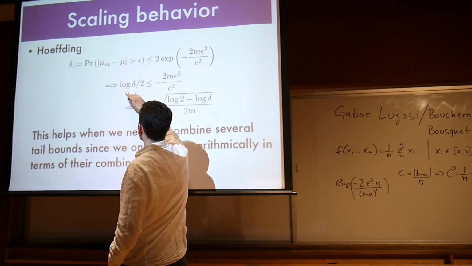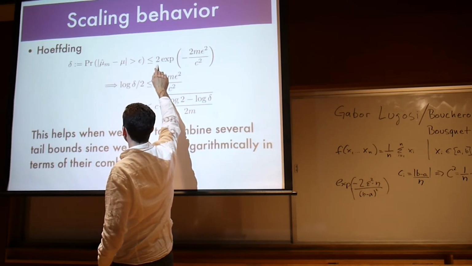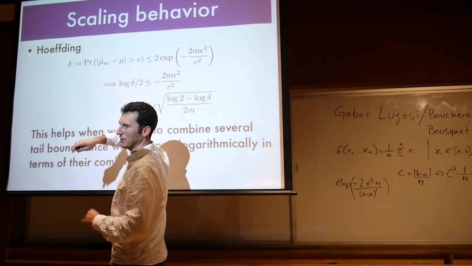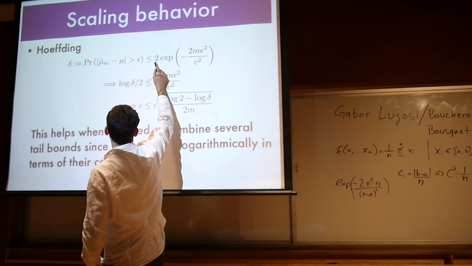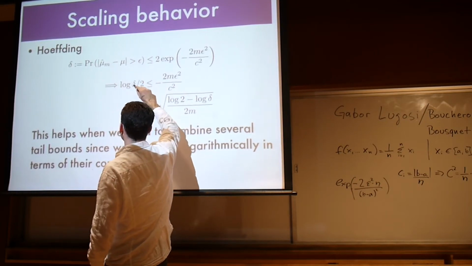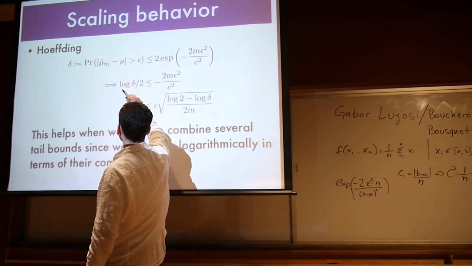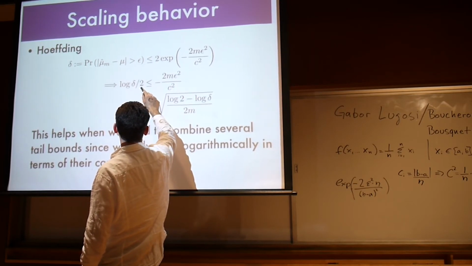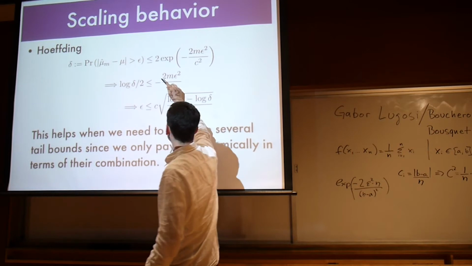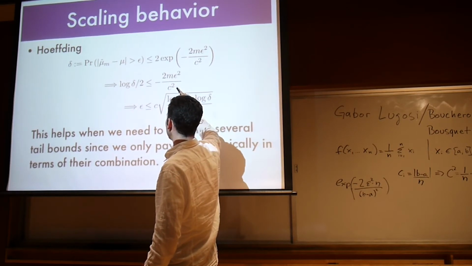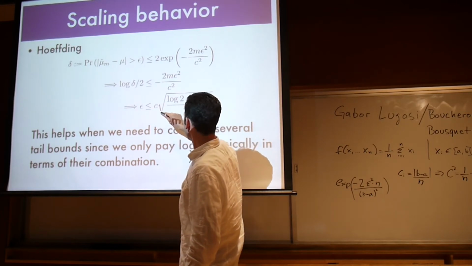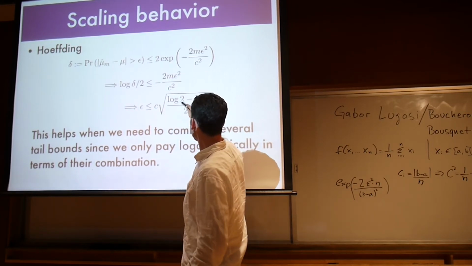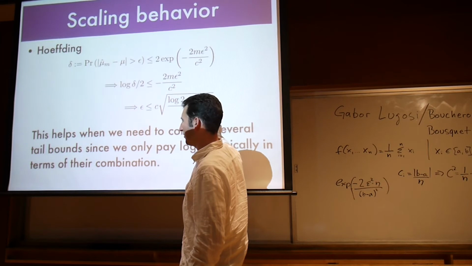By the way, the factor of 2 here happens because we just symmetrically bounded things from above and below. You can do similar things without the 2 and then get one-sided bounds, but it was just lazy. Okay, so we get log delta over 2 is less or equal than minus 2n epsilon squared over c squared. And solving that gives me epsilon is less or equal than c times the square root of log 2 minus log delta over 2n.